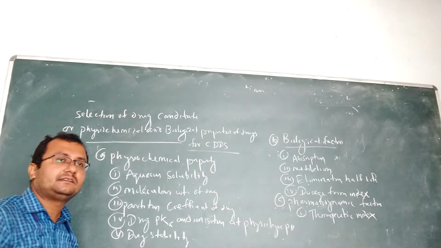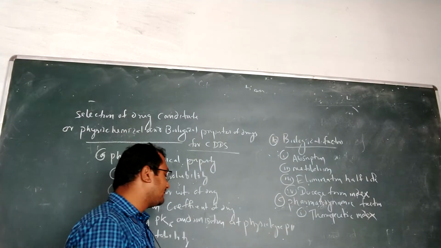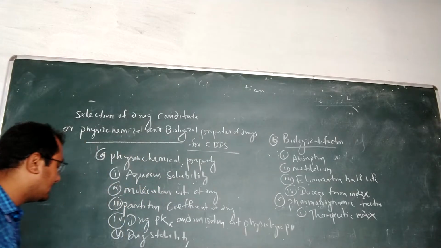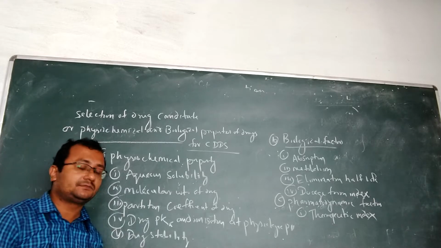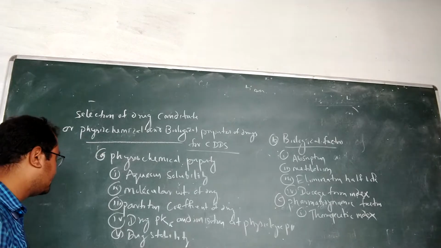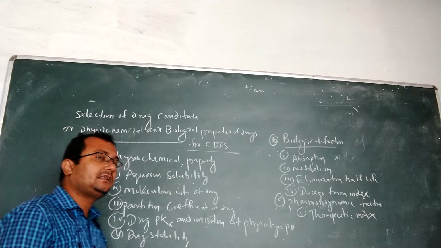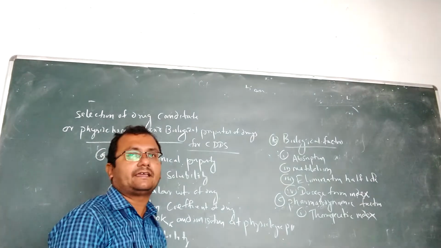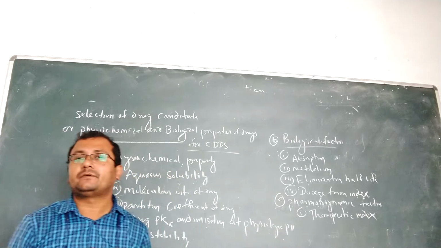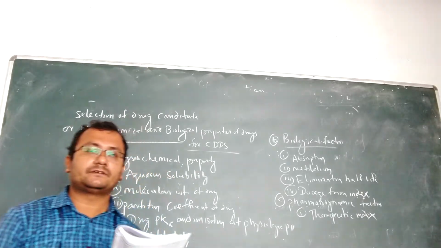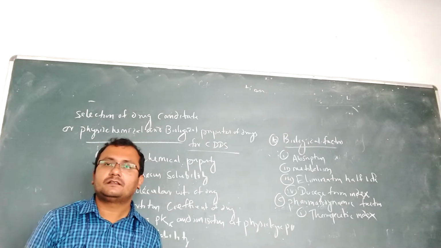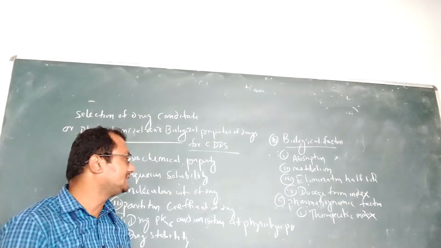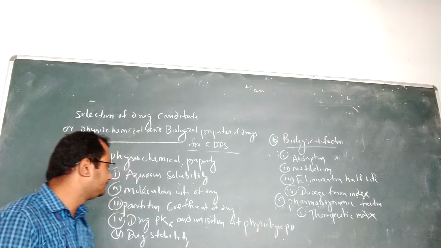This range, 3 to 7.5 for acidic drugs and 7 to 11 for basic drugs, is suitable for passive absorption. And if the drug stays in non-ionized form, as I told you previously in biopharmaceutics, then it will be absorbed better in comparison to the ionized form.